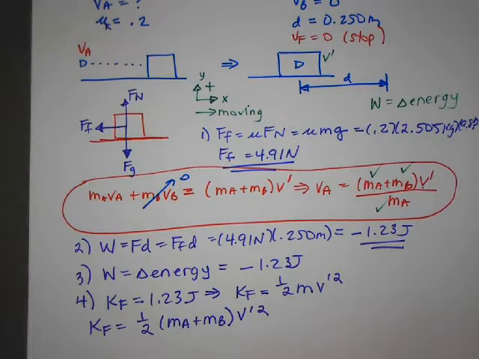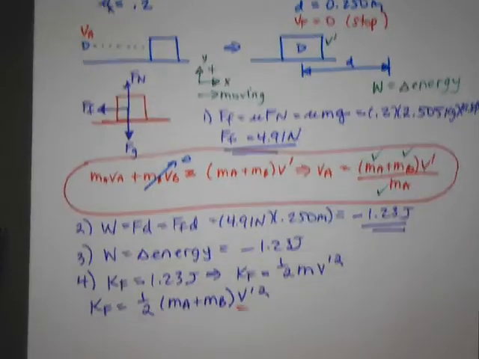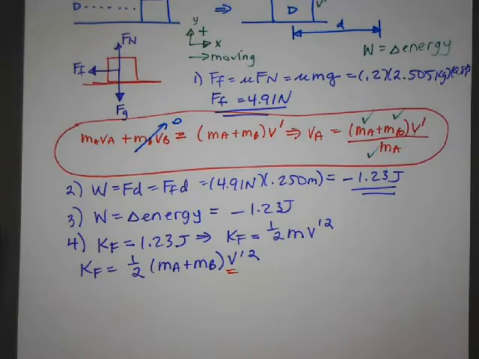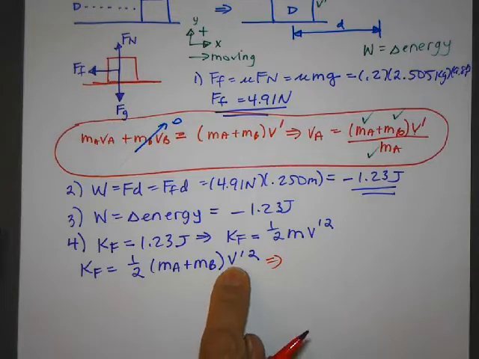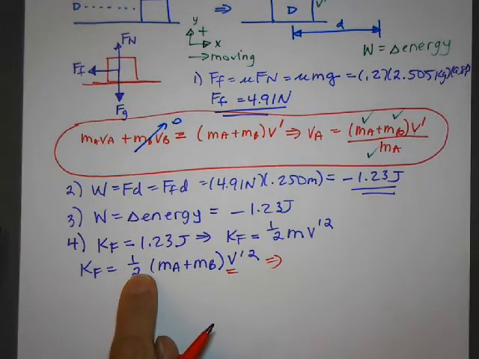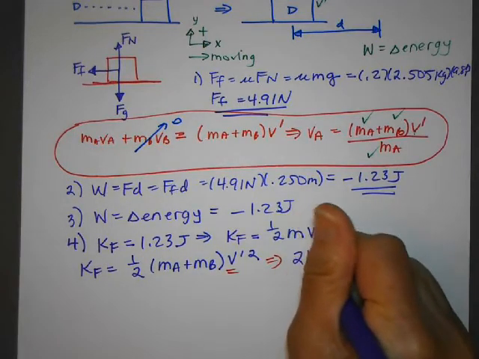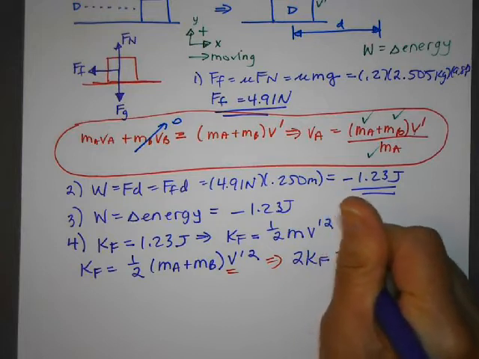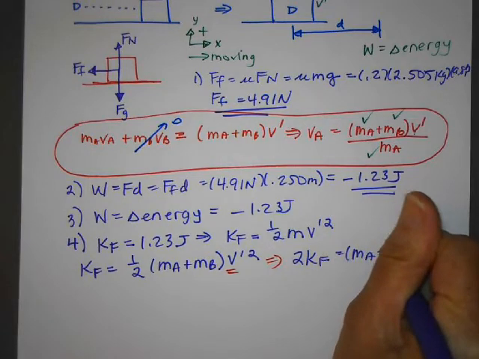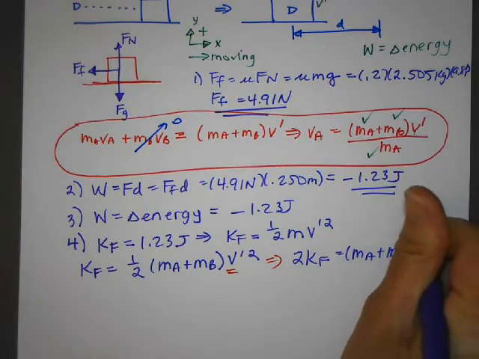So I'm going to rearrange the equation, and I want to solve for v prime. It's very tempting just to plug your numbers in, but that's how you make a mistake. So we're going to rearrange our equation. Since we're solving for v prime, I'm going to leave it on this side of the equal sign. So I will multiply both sides by 2. So I'll have 2kf is equal to ma plus mb times v prime squared.